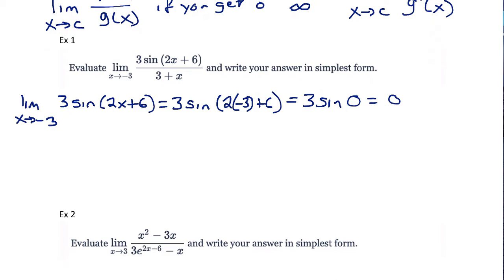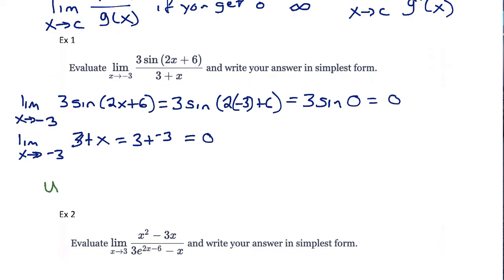So if we establish that that's true, and the limit as x goes towards -3 of 3 plus x, which is just 3 plus -3, equals 0. Because we got both of those, we can use L'Hopital's rule. And you really want to establish those as separate entities.